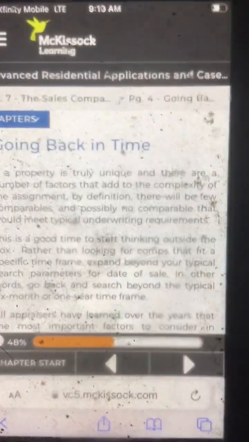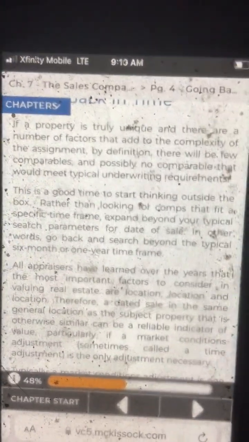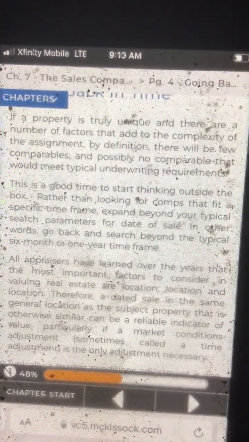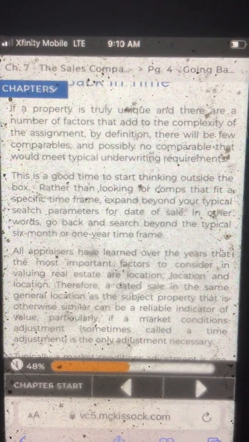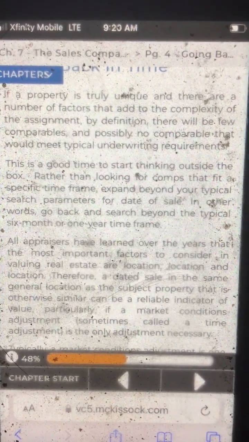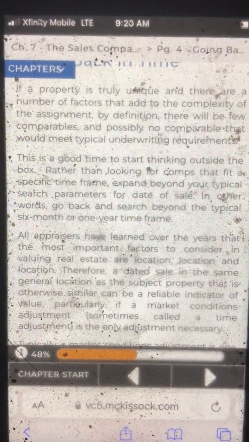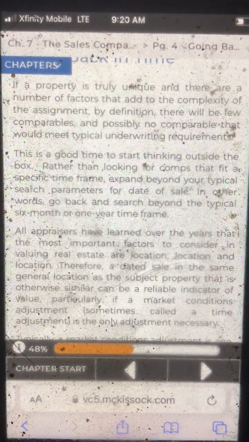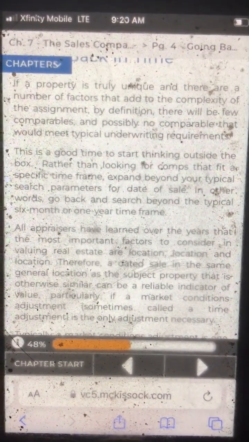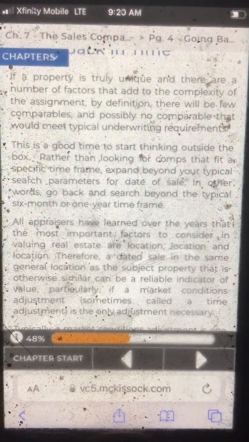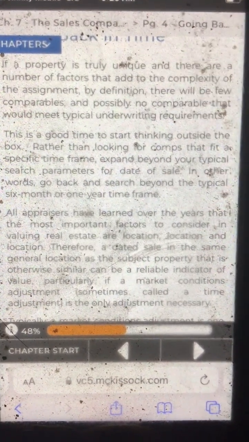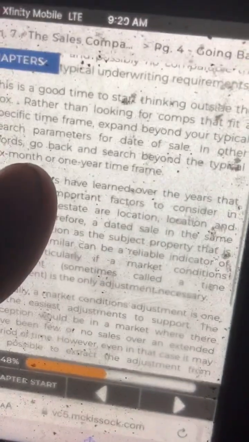Page 4, going back in time. If a property is truly unique and there are a number of factors that add to the complexity of the assignment, by definition, there will be few comparables and possibly no comparable that would meet typical underwriting requirements.